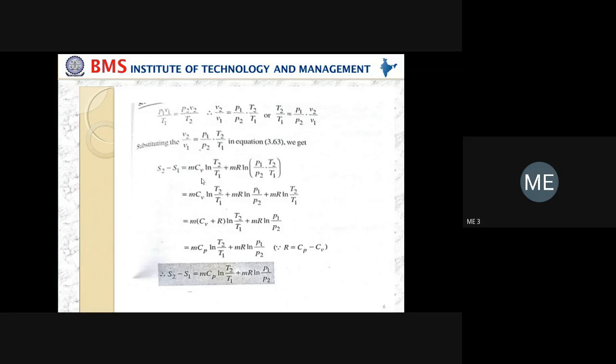Now, next term: m cv ln T2 by T1 plus m r ln P1 by P2 plus m r ln T2 by T1. Just simplify this equation. You see what the common terms are.